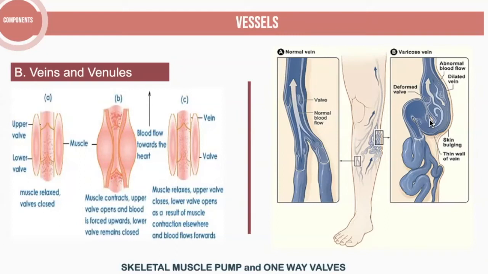So when do you see varicose veins? During long periods of standing. In those situations, the skeletal pumps are not activated. They can't impinge on the veins to facilitate blood flow towards the heart.